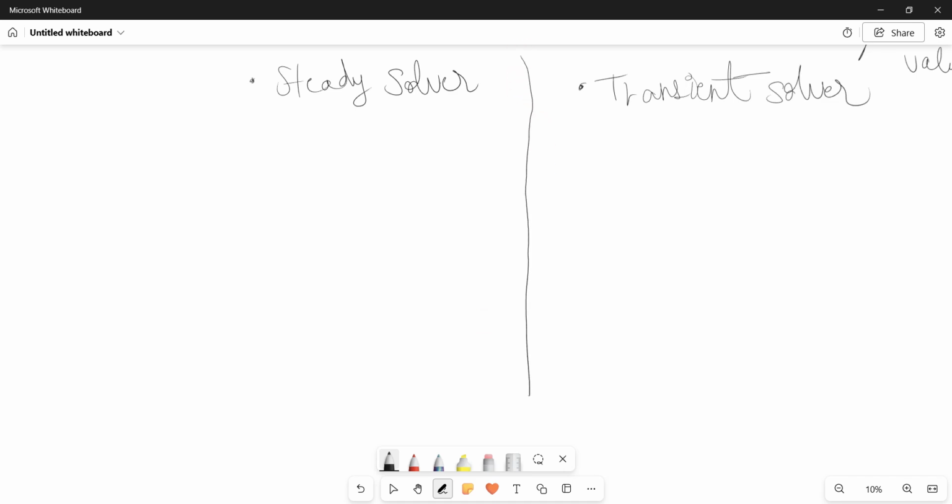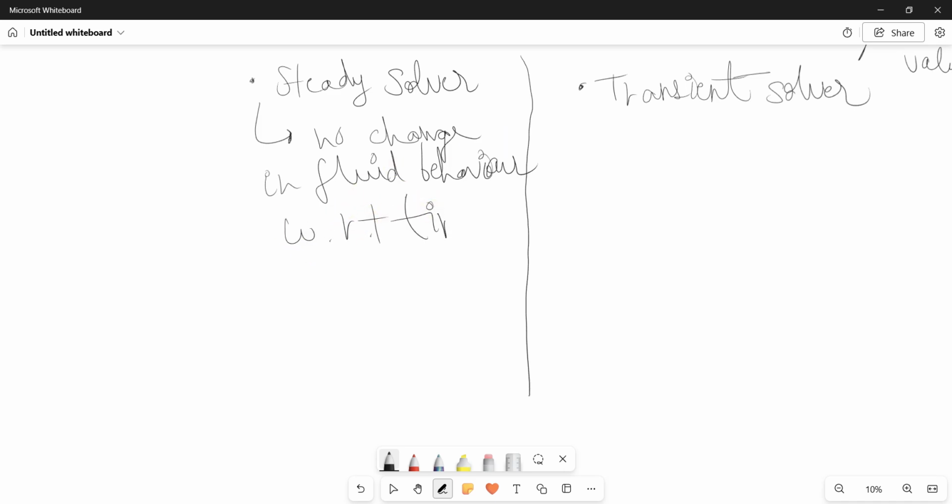It solves when the state of flow is steady. That means no change in fluid behavior with respect to time. This is exactly what steady state means.